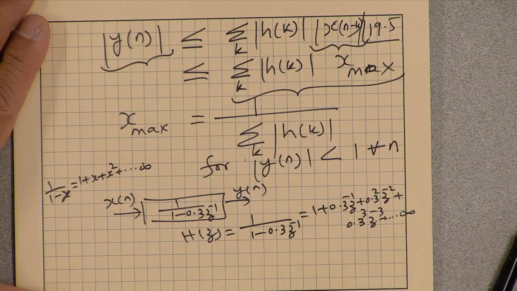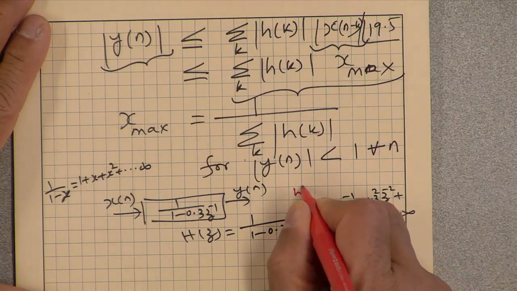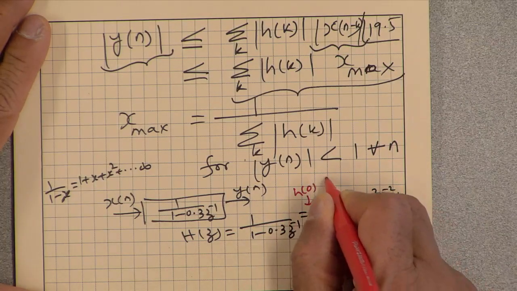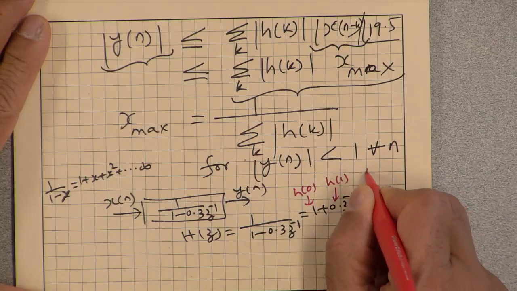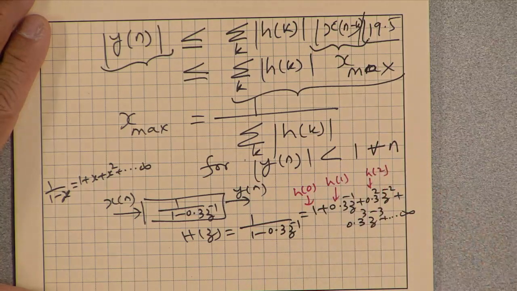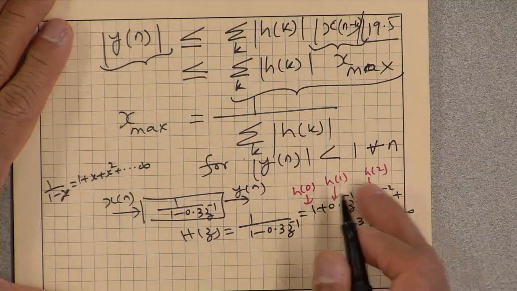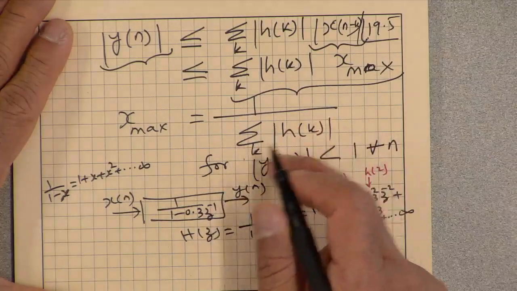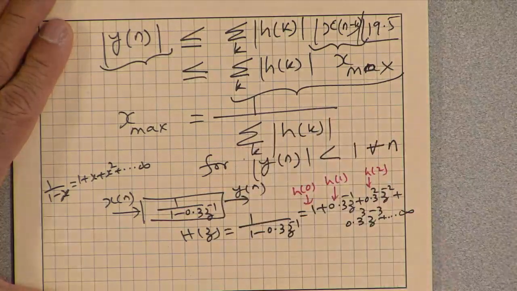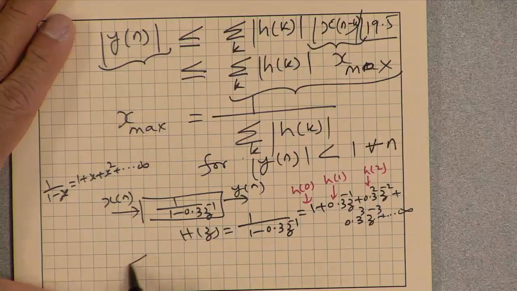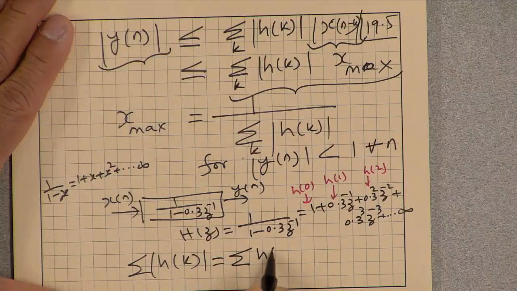If you just compare this, h0 is 1, h1 is 0.3, h2 is 0.3 squared, h3 is 0.3 cubed. These are all positive, so the absolute value is the same as itself, right? So the sum of the absolute values of hk is the same as the sum of hk. Why is that?